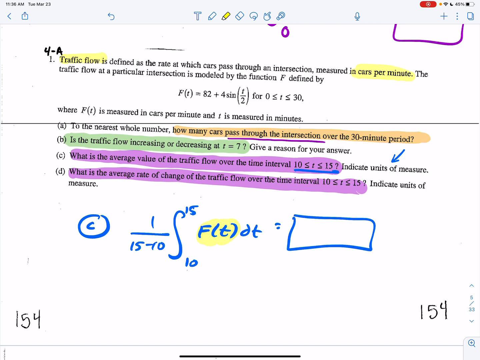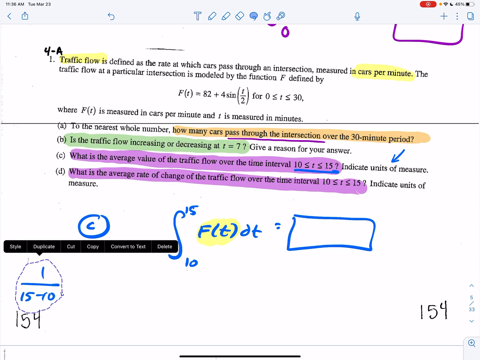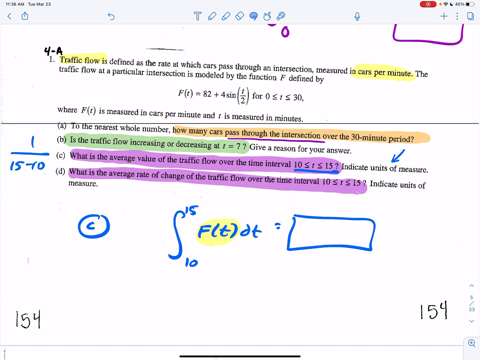When you integrate, let me go ahead and move this real quick. So if you don't consider that part, the integral itself would represent just the amount of cars. Okay, F is the rate, so you integrate, you're going to get just the amount of cars.